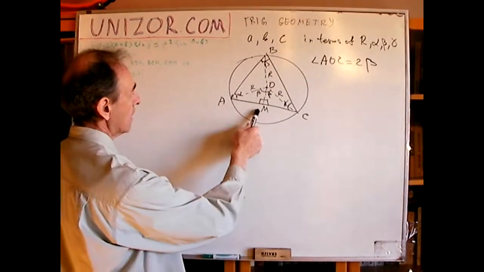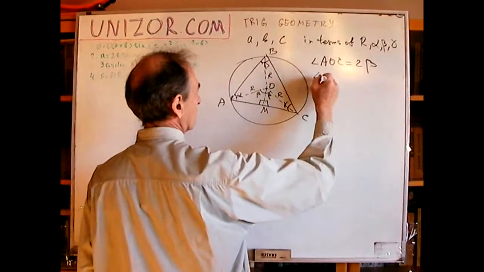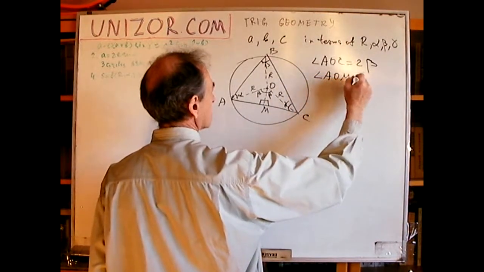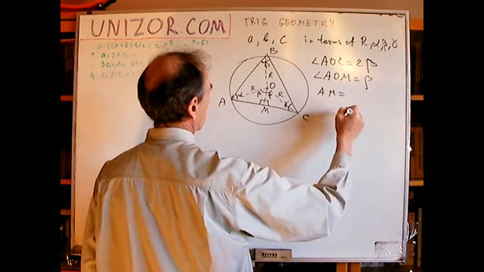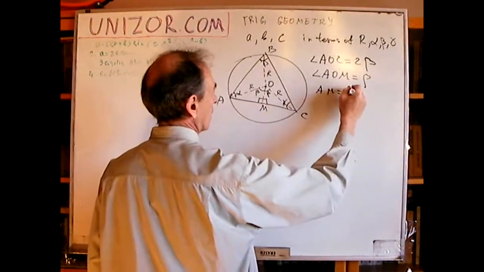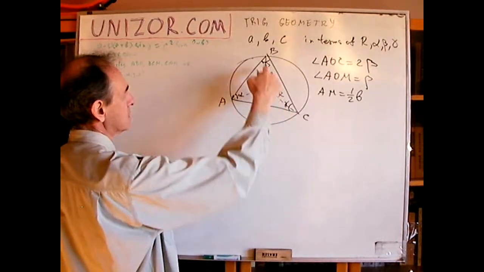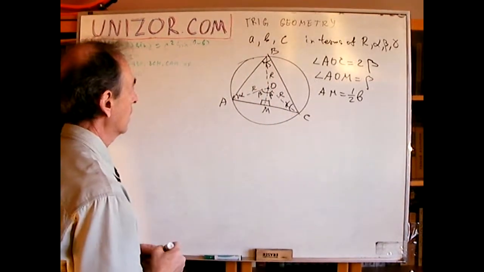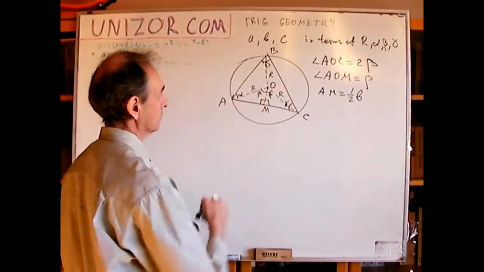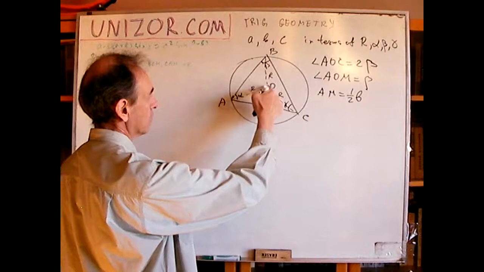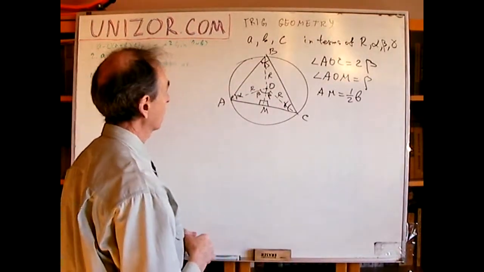Now, AM is obviously half of AC. So angle AOM is equal to beta, and AM is equal to half of B, right? This is the side B, lowercase b, opposite to the vertex B. Well, obviously, we can calculate the length of AM in terms of the hypotenuse and an angle using the definition of the sine in this case.